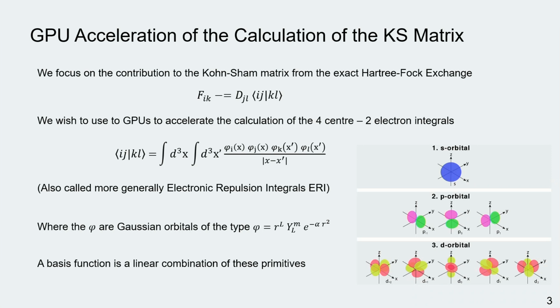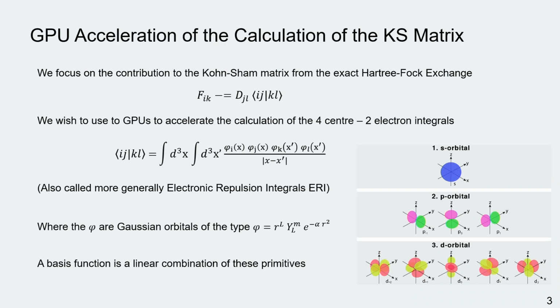Once we compute this electron repulsion integral, their contribution to the Kohn-Sham matrix comes from their tensor product with the density matrix, and then goes into the Fock matrix.